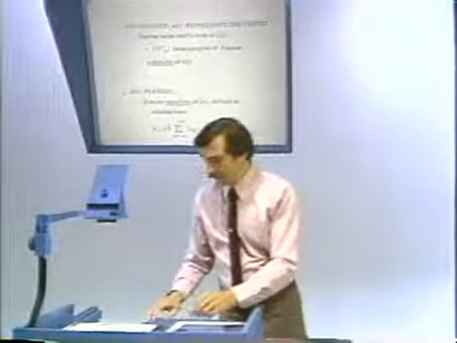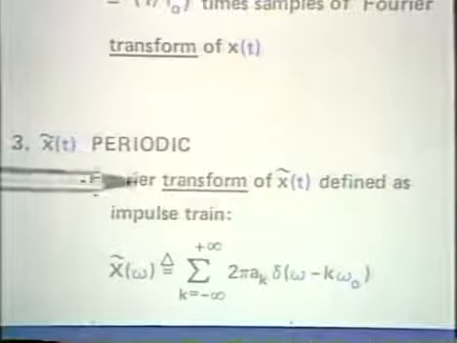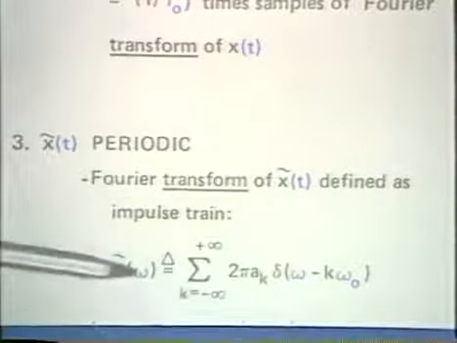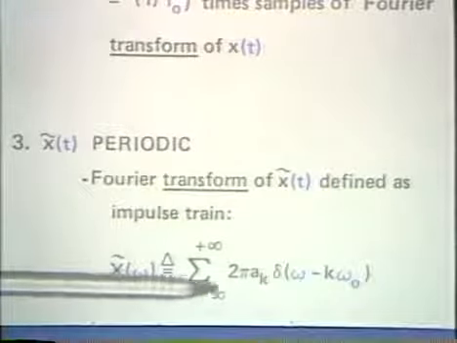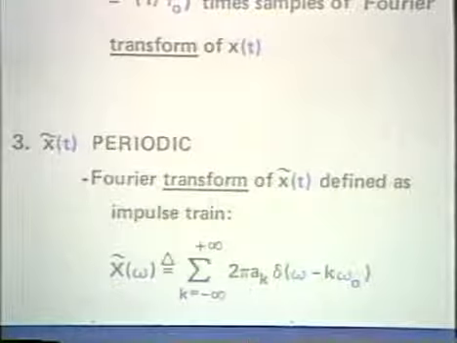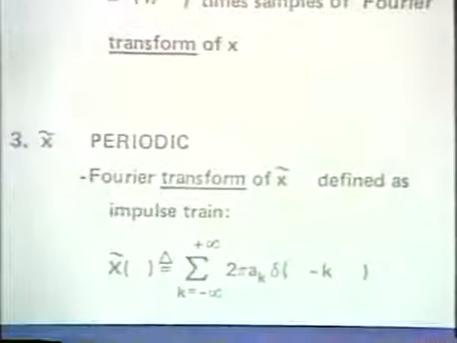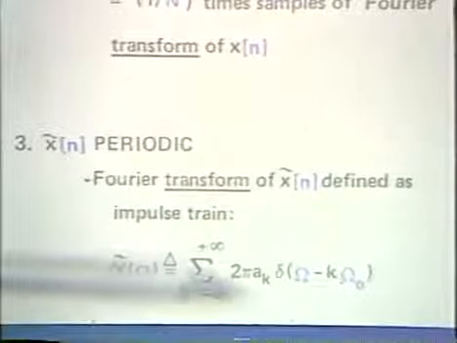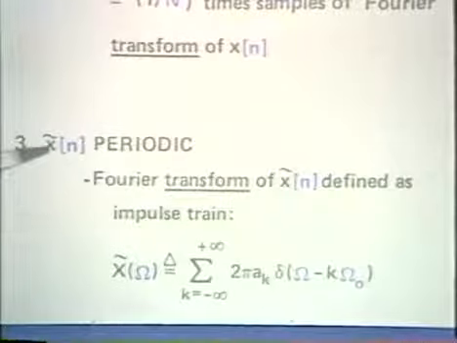So in continuous time, we used this definition of the continuous time Fourier transform of a periodic signal. And in discrete time, it's simply a matter of using exactly the same expression, using the appropriate variables related to discrete time rather than continuous time.